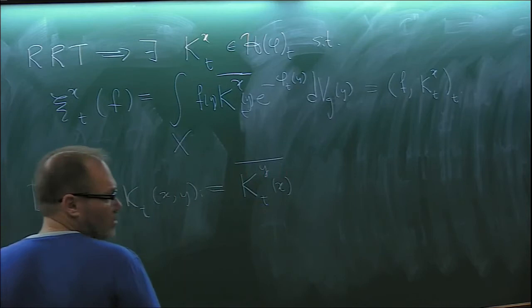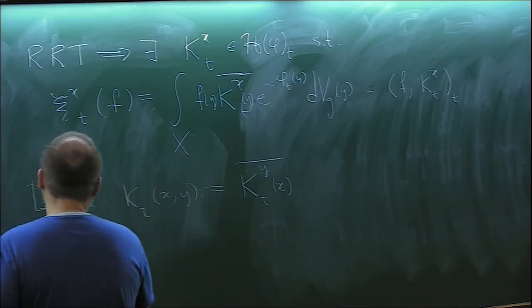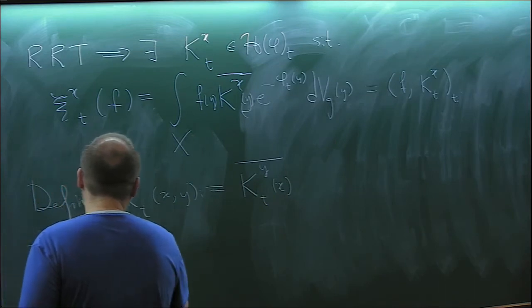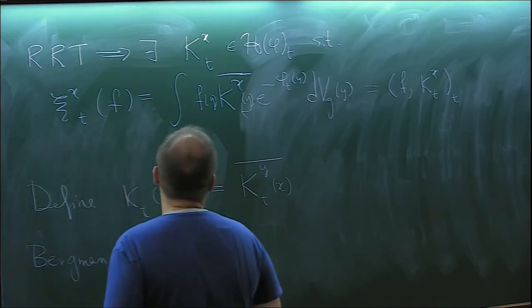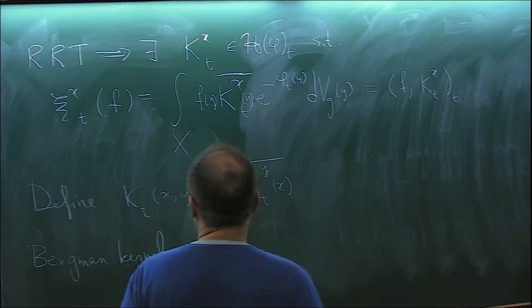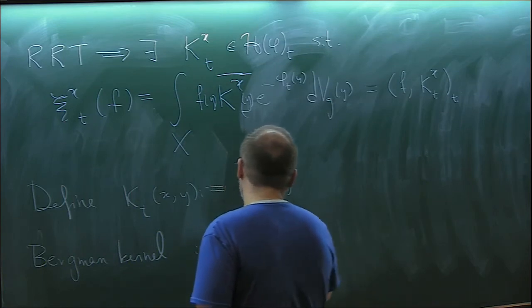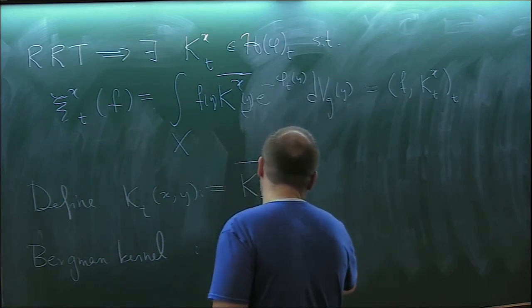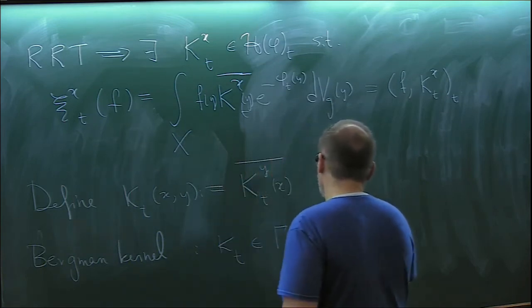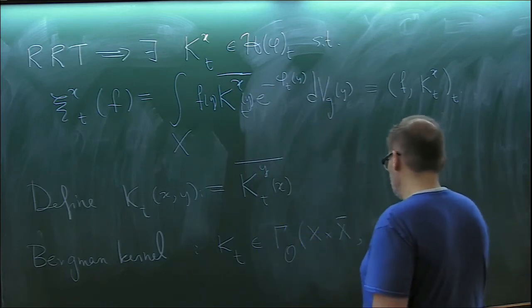Okay, so this object has a name. This is called the Bergman kernel. So in fact, this K_t is itself a holomorphic section of the following vector bundle.